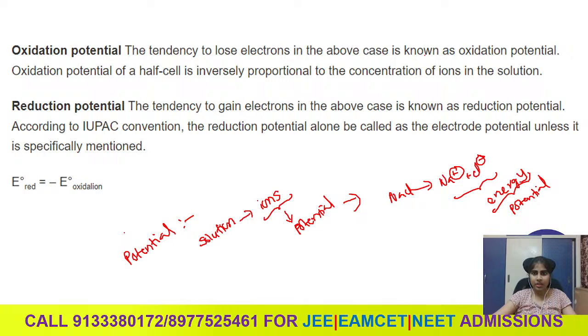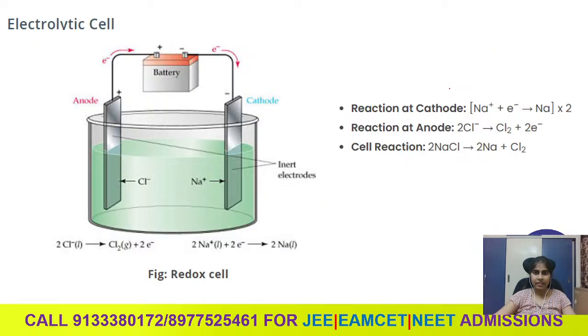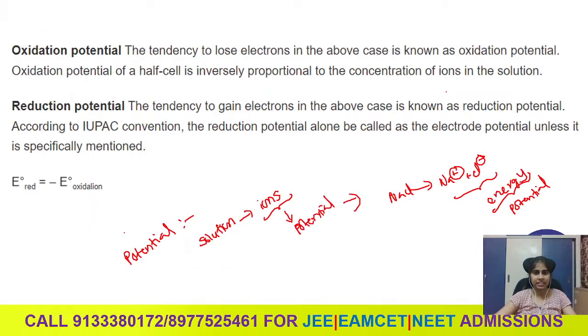So in the above case, Na is losing its electrons, that is oxidation is happening in that place. So that is known as oxidation potential. See, oxidation potential of half cells is inversely proportional to the concentration of ions in the solution. If NaCl is converting into Na, what happens to the concentration of NaCl? It gradually decreases. That is what explained here. If oxidation potential increases, it decreases the concentration of the solution.